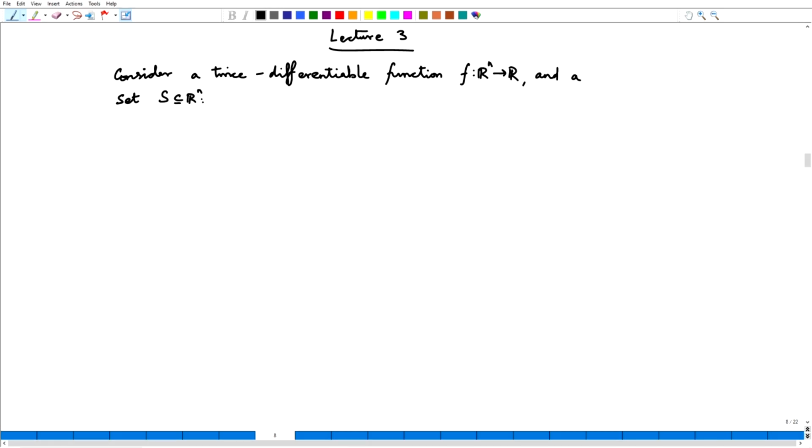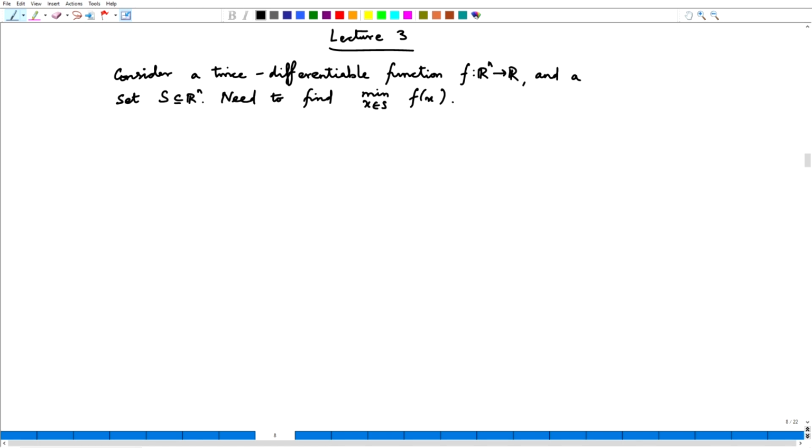And we want to find the minimum of f of x when x is restricted to S. Okay. So, this is the optimization problem that we are considering.